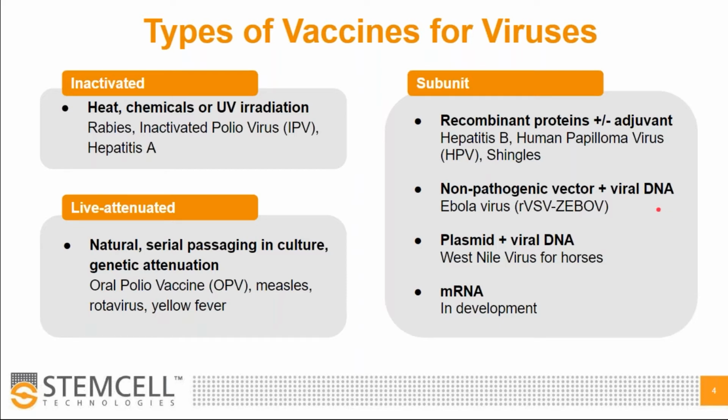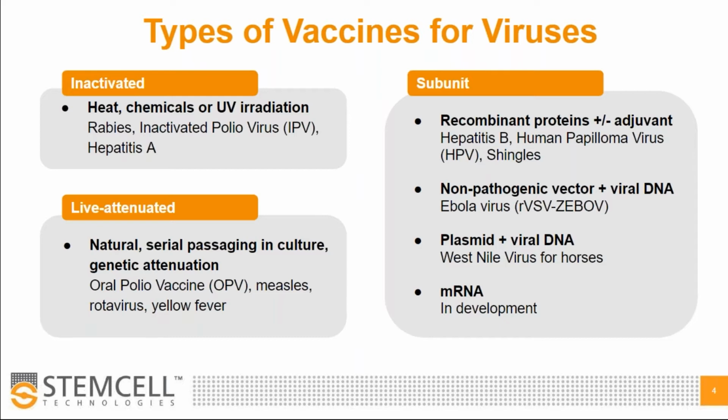The live-attenuated vaccines are based on viruses that have been compromised, and this renders them non-pathogenic, but they can still replicate and induce a protective immune response. These live-attenuated viral vaccines can be either derived from naturally occurring, closely related viruses that are non-pathogenic, they can be derived by serial passaging in culture, or they can be derived by genetically attenuating the pathogenic virus.